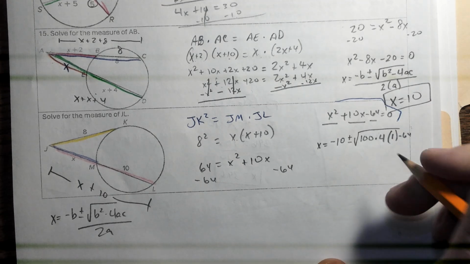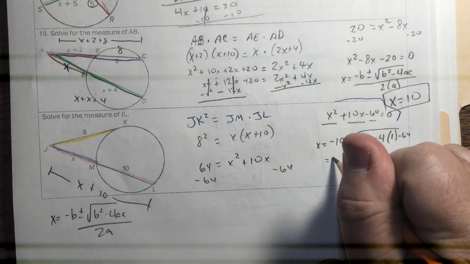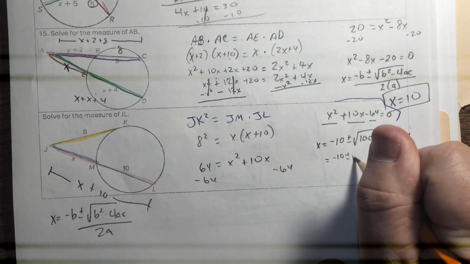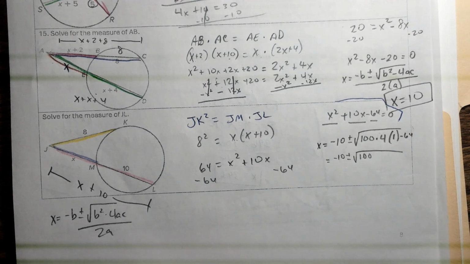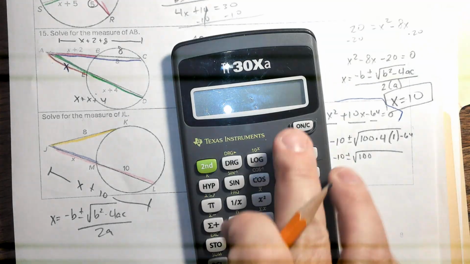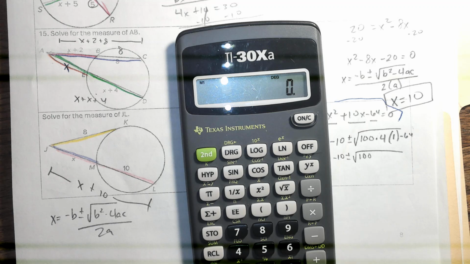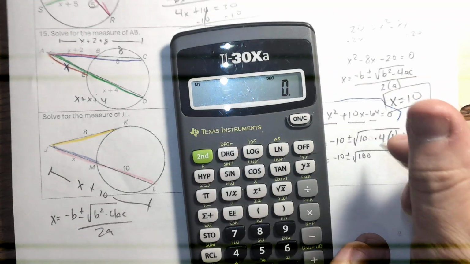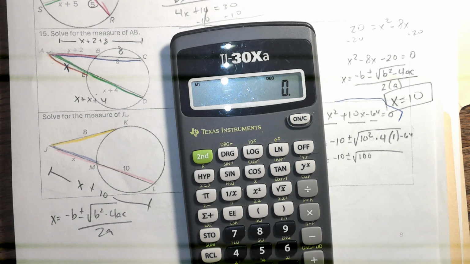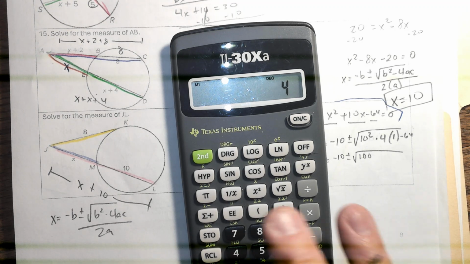So I still have to come down anyway. So negative 10 plus or minus the square root. We still have 100 over here because we have to do all this math first. So don't let that fool you. 10 squared is 100, but, wait a minute, no, it's minus, sorry.